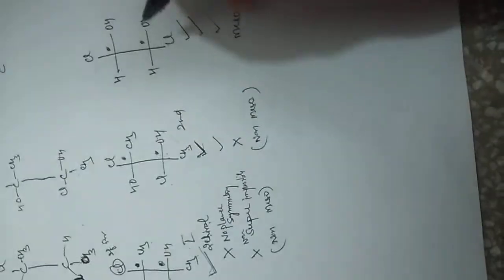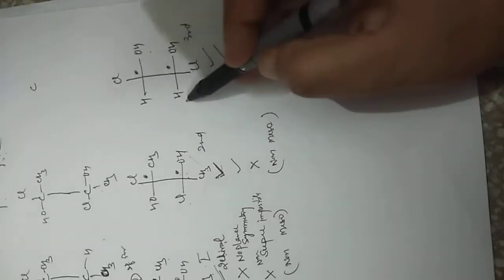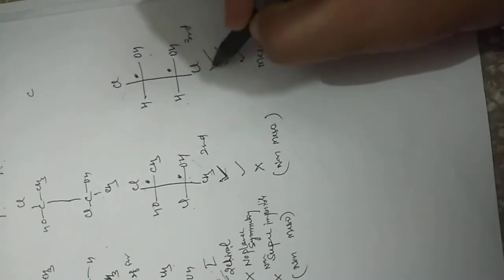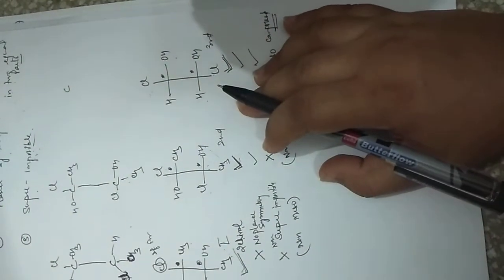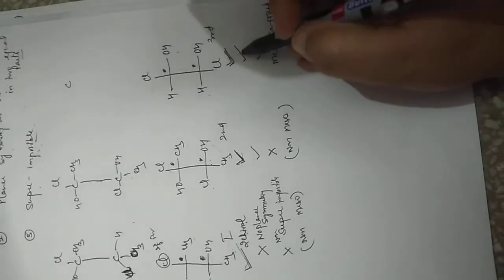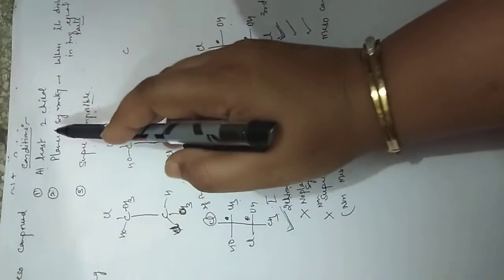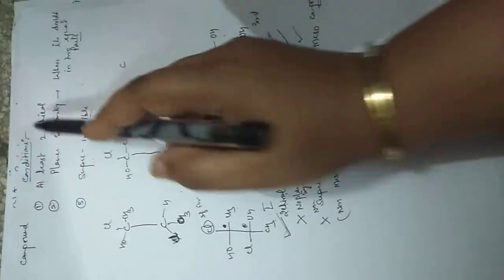First condition complete. In the third compound, OH, Cl, H, so in the third also at least 2 chiral carbons are present. So in all 3 compounds the first condition is complete.